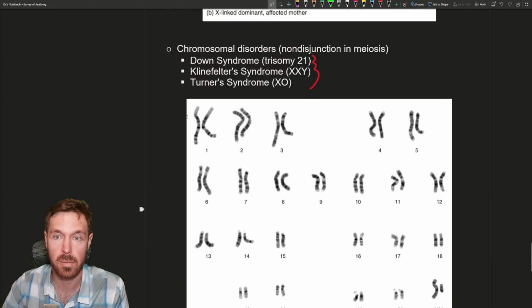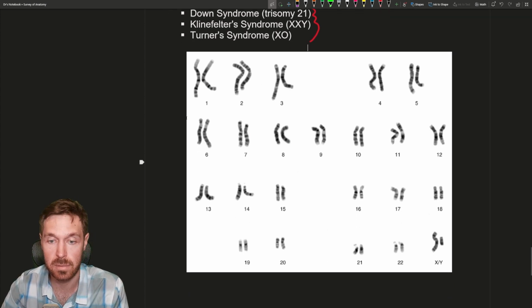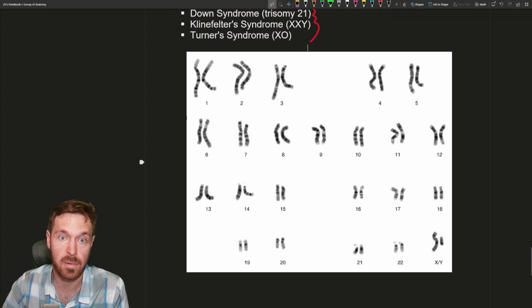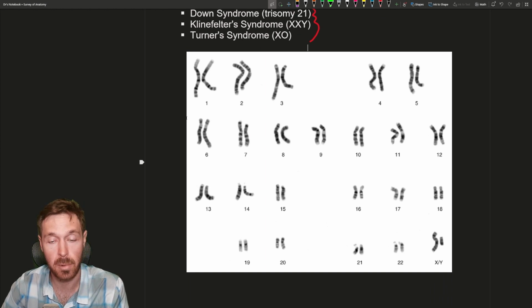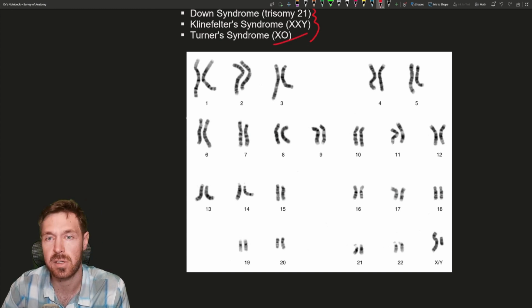Typically, when you have a chromosomal disorder that results in an unequal number of chromosomes, the individual never survives. The fetus doesn't survive till birth or dies shortly after birth. Chromosomal abnormalities are very difficult to overcome, so that's why most of the viable ones are on the sex chromosomes. There are only a couple viable ones outside the sex chromosomes.